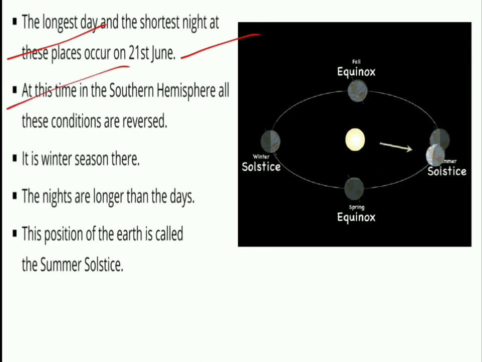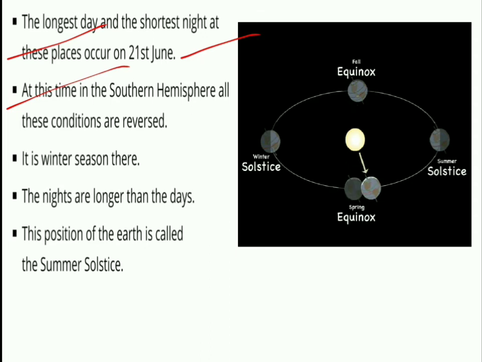At this time in the southern hemisphere all these conditions are reversed, because the northern hemisphere is tilted towards the sun. So in the southern hemisphere the sun rays are away from this part of the hemisphere.